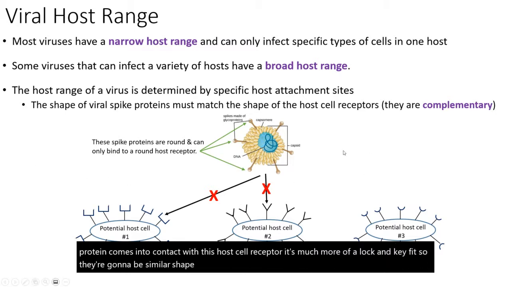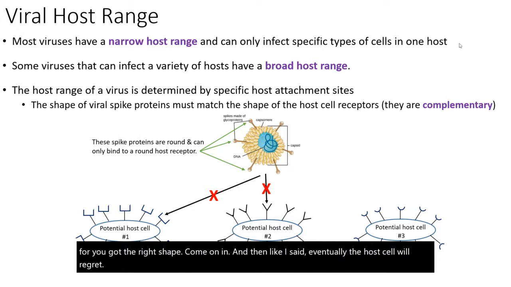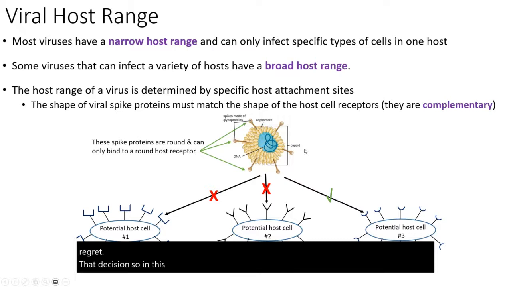The host receptor is going to be like, oh, hey, yep, I'm looking for you. You've got the right shape. Come on in. And then, like I said, eventually the host cell will regret that decision. So in this example, potential host cell number 3 would be an organism that the virus can infect.